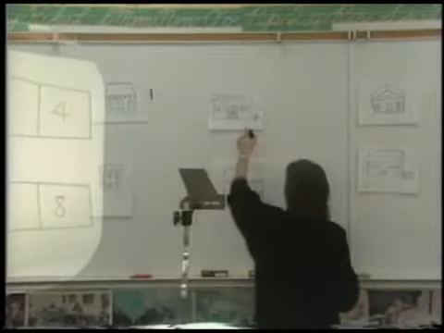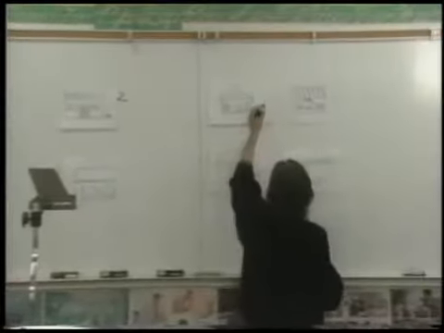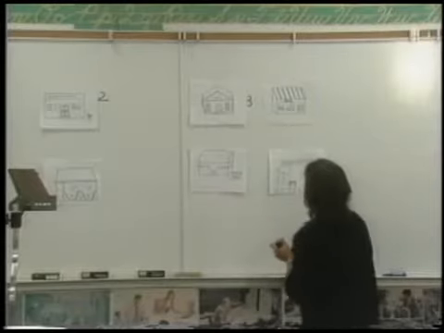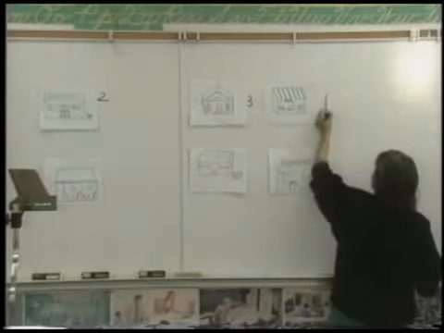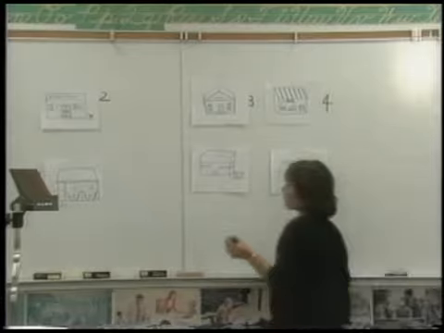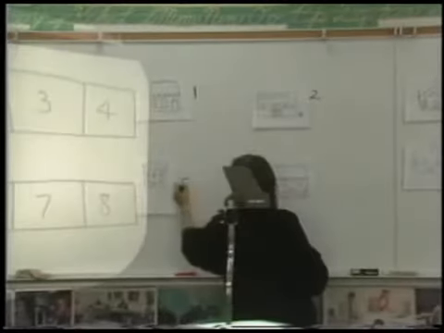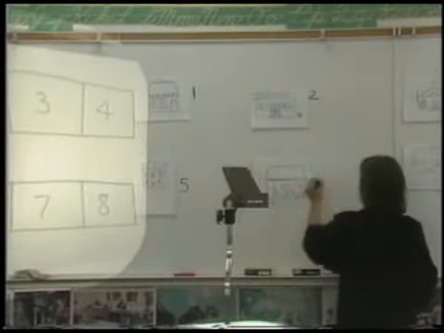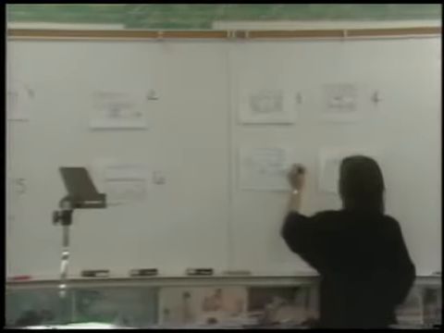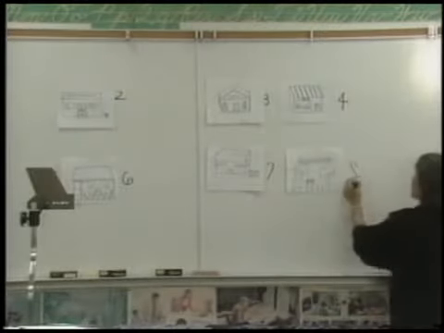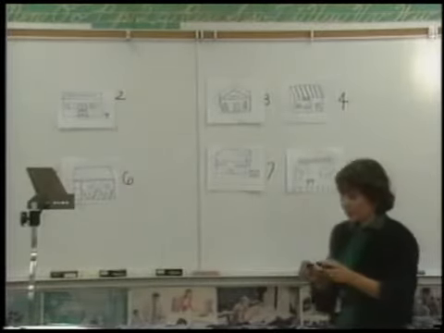I wanted the students to be able to understand the concept of having a key for a map and having a picture of a map that really didn't have very much information, and that's why I used the numbers just on those boxes and then put the numbers next to the buildings that were on the board.